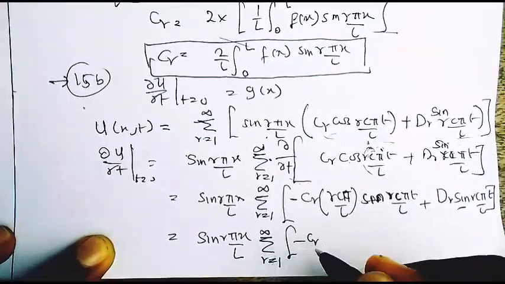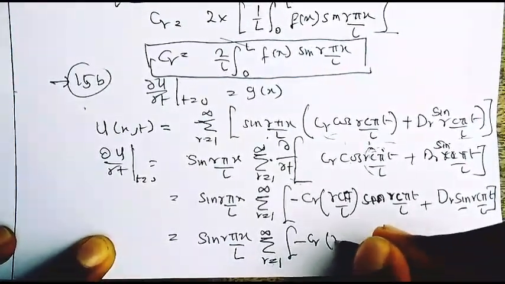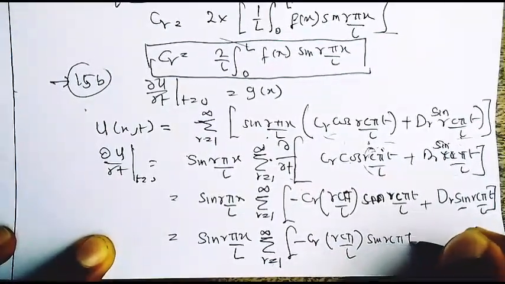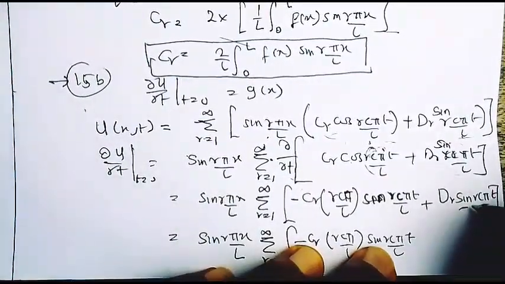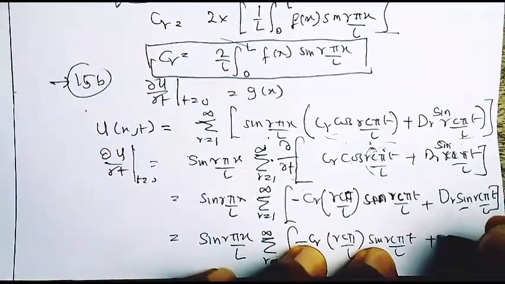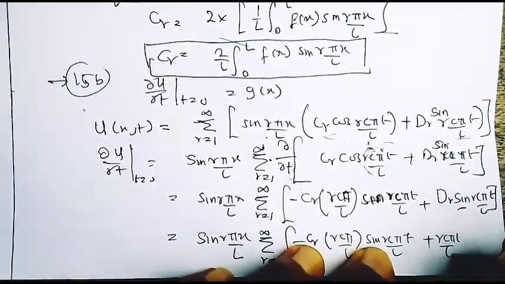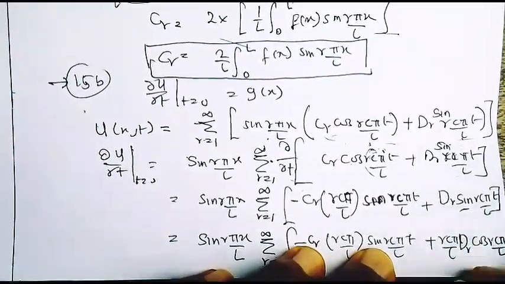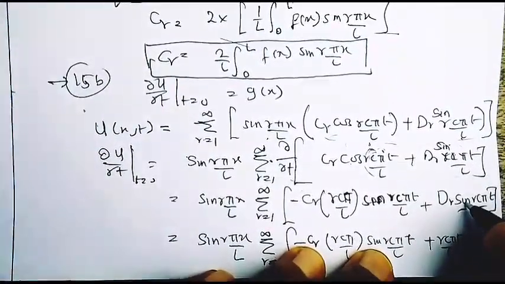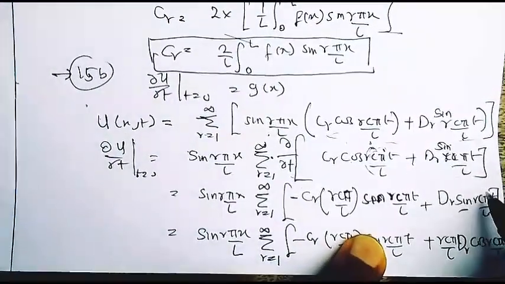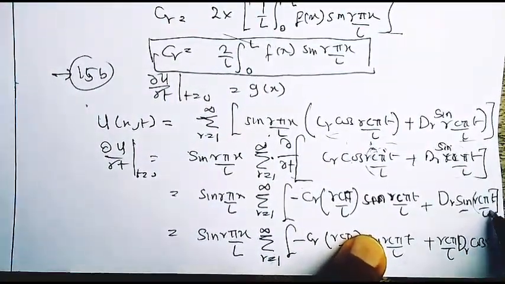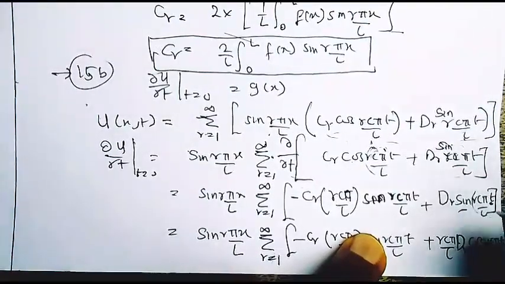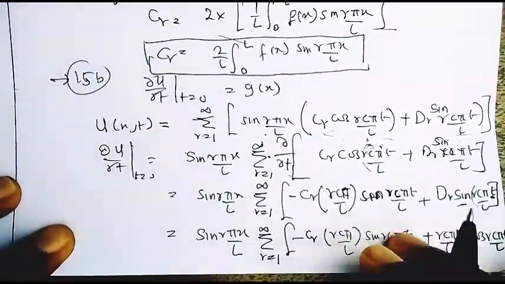So this is minus c_r, r c pi over L, sine(r c pi t over L). So differentiating this one now, this is plus r c pi over L d_r cos(r c pi t over L). Remember, when I differentiate sine, I have cos, right? So multiplying the coefficient of t by what you differentiated.